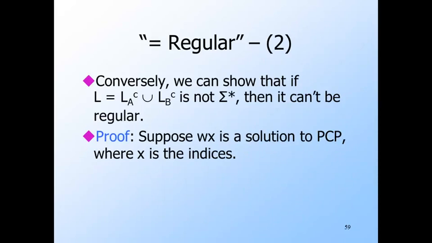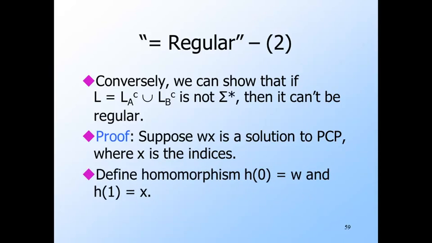Suppose we have a solution to the PCP instance, and in particular, let X be the index symbols in reverse. That gives you the solution, and let W be the string you get by using the first string from each of the indexed pairs in order, or obviously equivalently the second string from the same pairs.